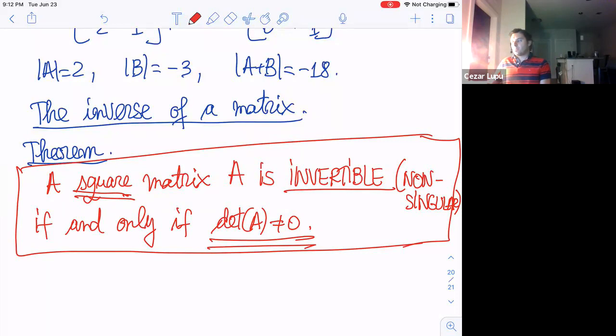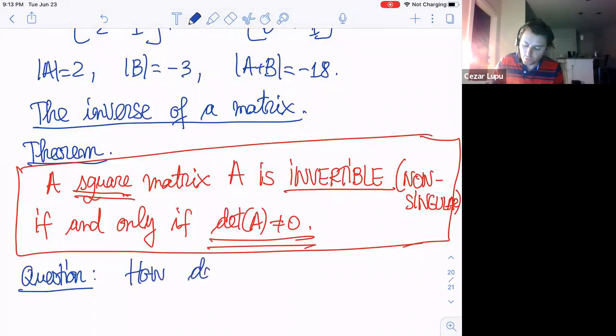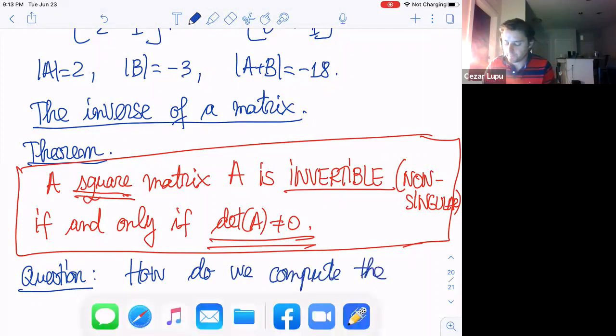And let me give you how the question is. We want to answer. So question: how do we compute the inverse of a matrix?